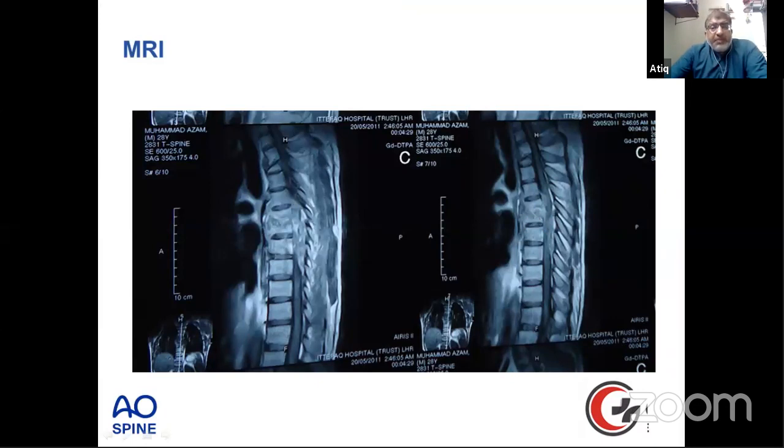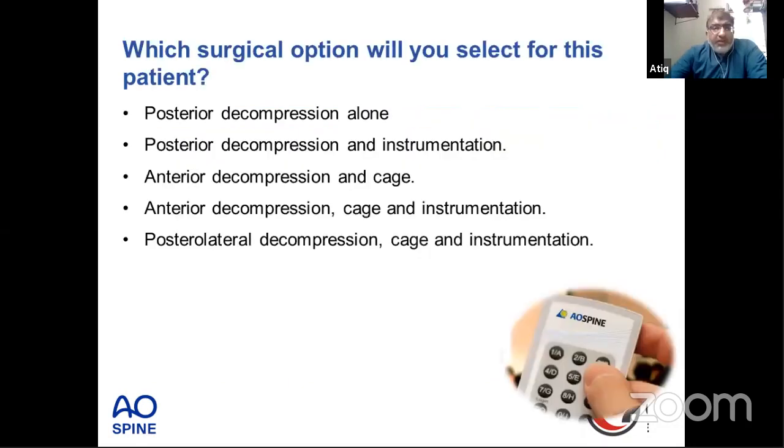This patient was admitted in the hospital with pain without neurological deficit, but within 15 days of admission, he developed a neurological deficit with paraparesis. So he was shifted to us, and we decided to go for surgery because that is an indication of surgery.